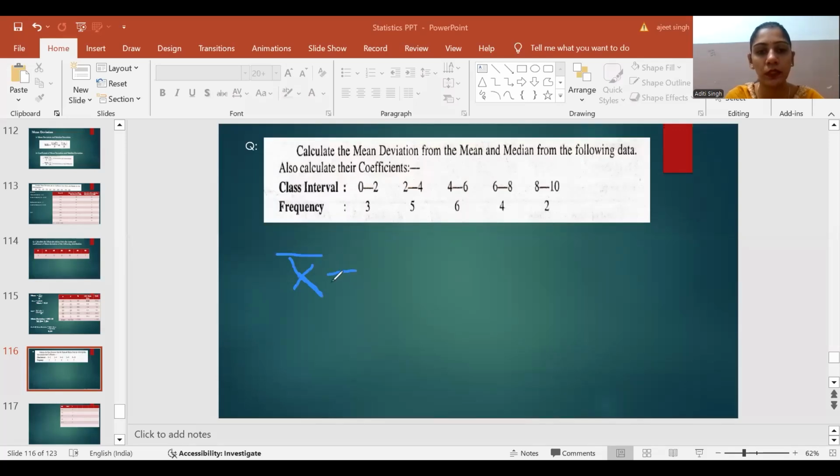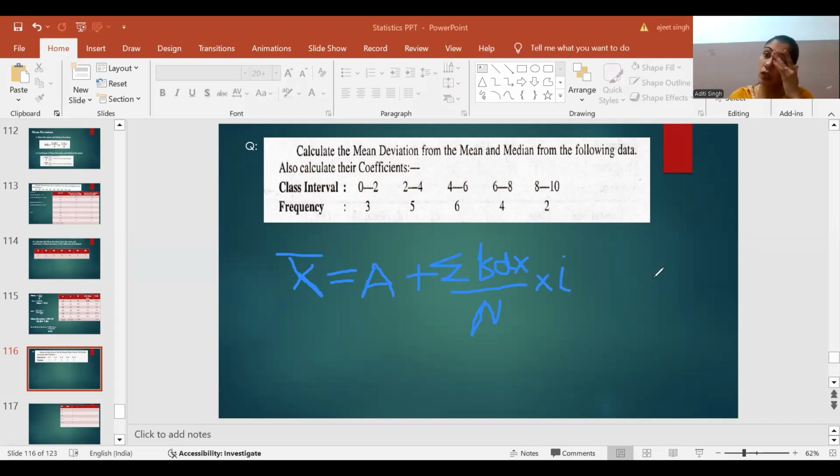So how do we calculate mean? Basically, what is the formula? Assumed mean, A, which is the assumed mean, plus sigma f dx divided by the total sum of numbers, which is n, and into I, which is the class interval.